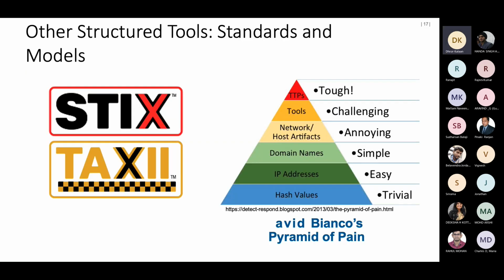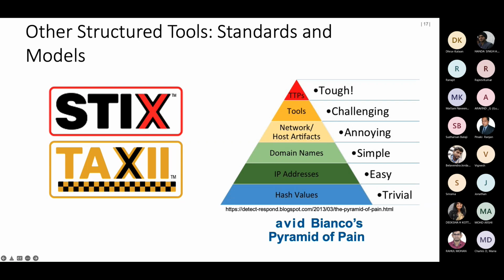Like I said, I spoke about the STIX and TAXII frameworks, right? What STIX and TAXII frameworks actually provide is information in terms of a lot of TTPs, tools, network host artifacts, domain names, IP addresses, and hash values.